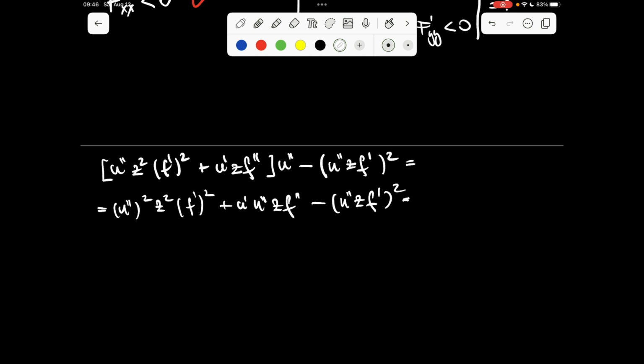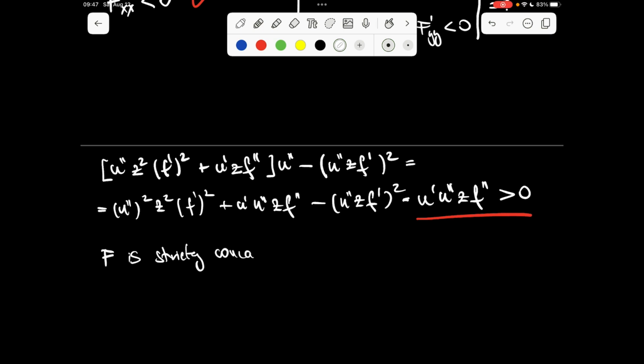And in the end, okay, and this is positive. So the Hessian is positive. So we can say that that assumption 9.10 is satisfied because f is strictly concave.